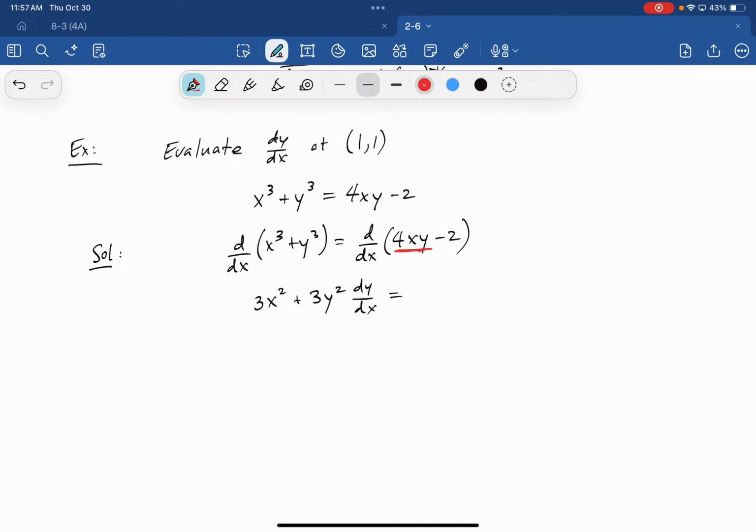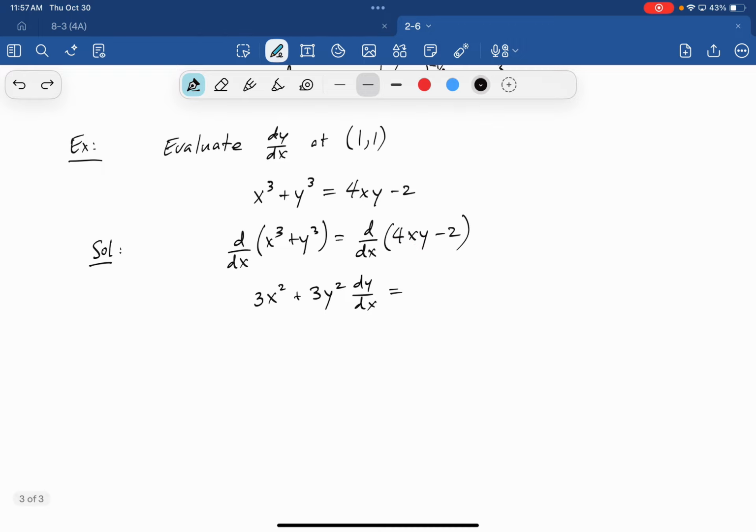But for 4xy, I have to use product rule, right? The 4 just comes out. I take the derivative of the left side, 4x, which is 4, and leave the right side alone, so that becomes 4y.